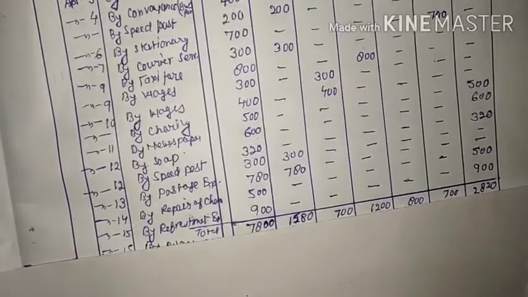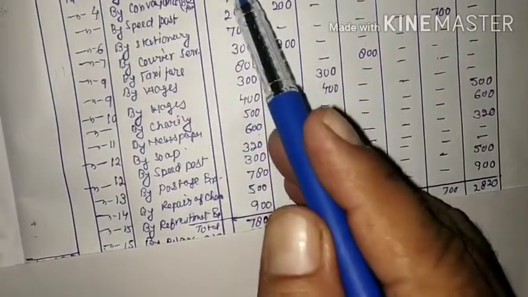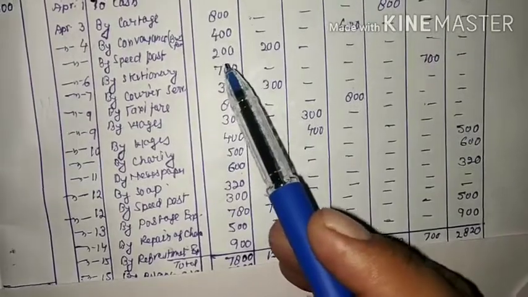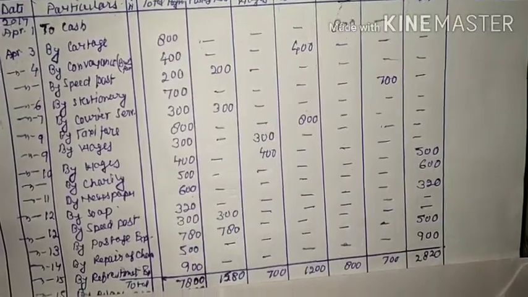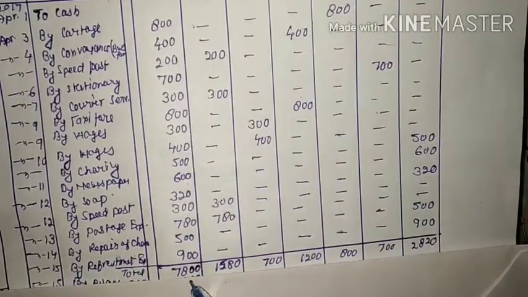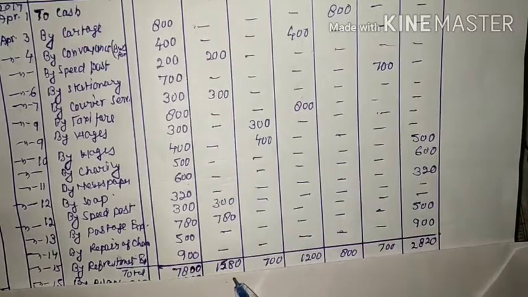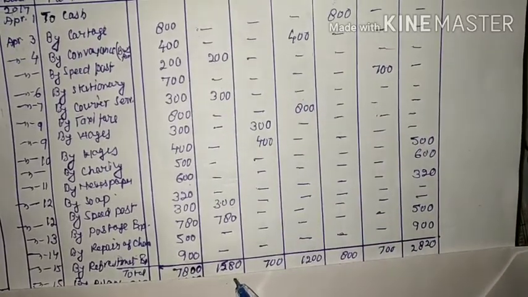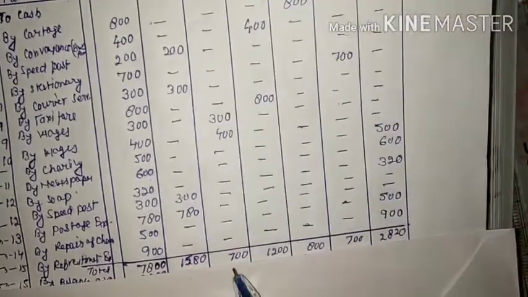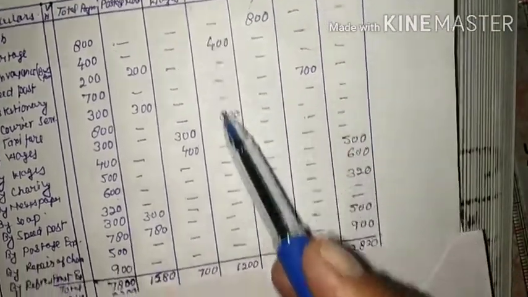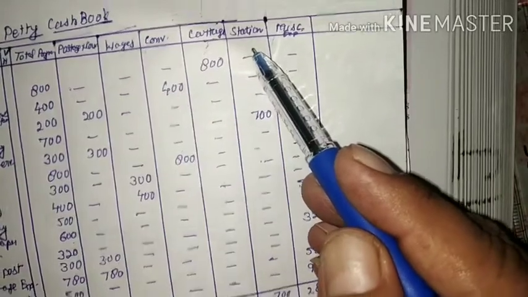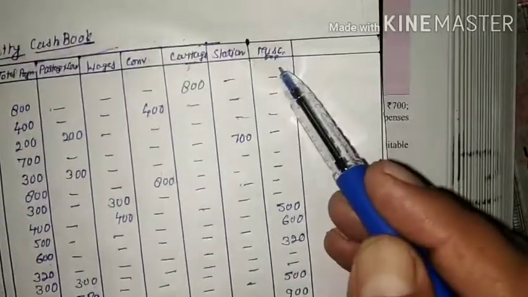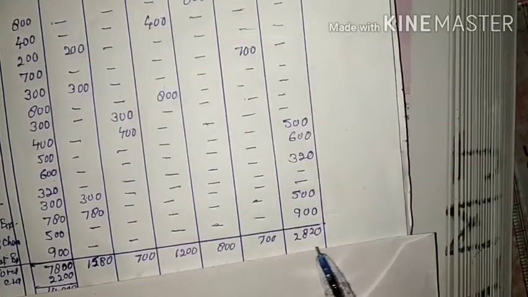The total amount paid is 7,800, and postage totals 1,580, wages is 700, conveyance is 1,200, cartage is 800, stationery is 700, and miscellaneous expenses is 2,820.